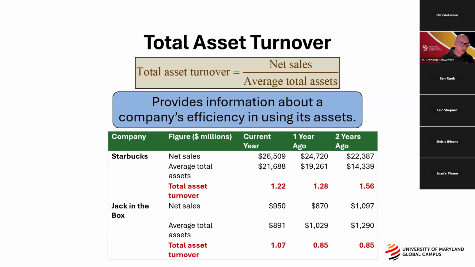The way we're going to do that is we'll take our total sales or total revenue, and divide that by the average total fixed assets. So you're going to take your beginning balance fixed assets plus ending balance fixed assets divided by 2 to find the average. That's also noted in the learning resources for this week.